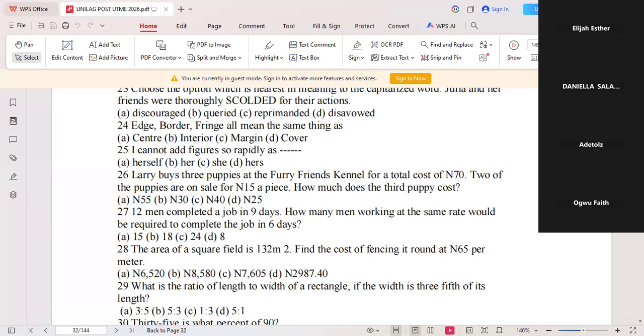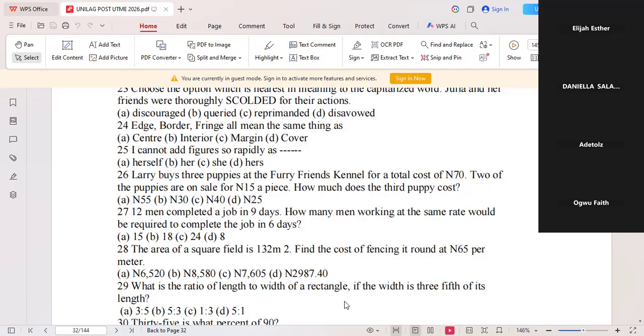We have to be careful with the question. They said the cost is 65 naira per meter, not per meter square. It's very tricky. So we must make sure that whatever we are solving must also be in meter. Now, we have our total area to be 132 meters square.